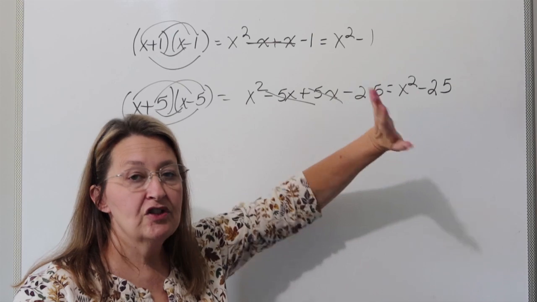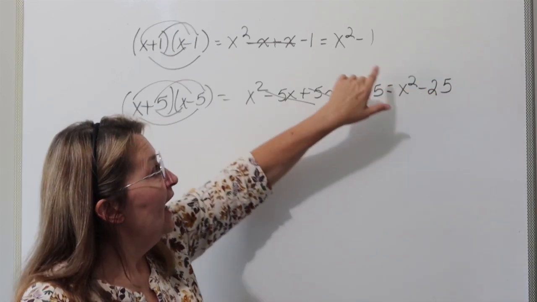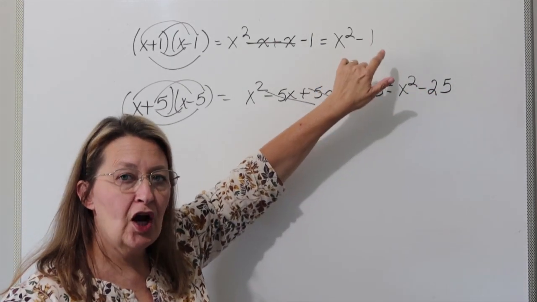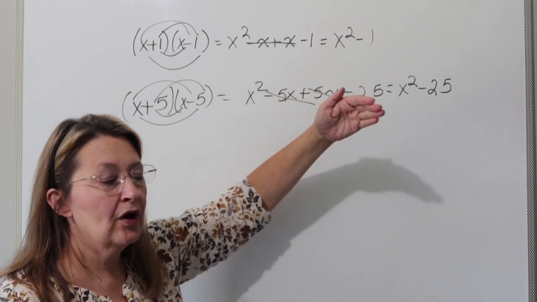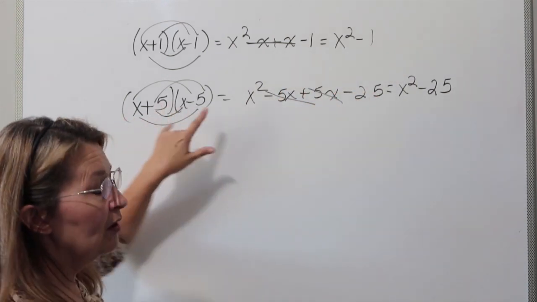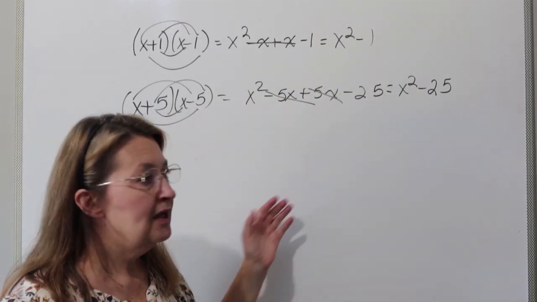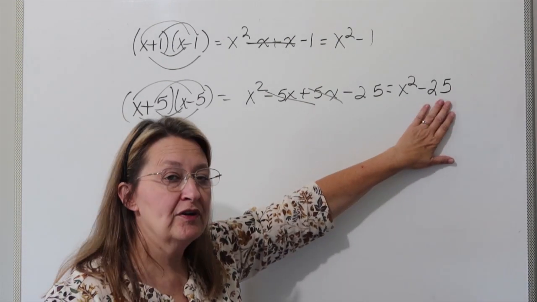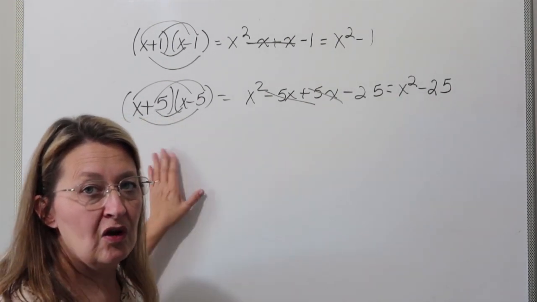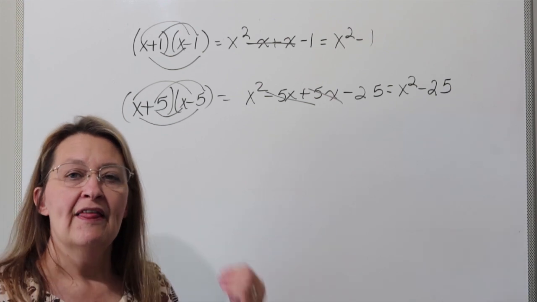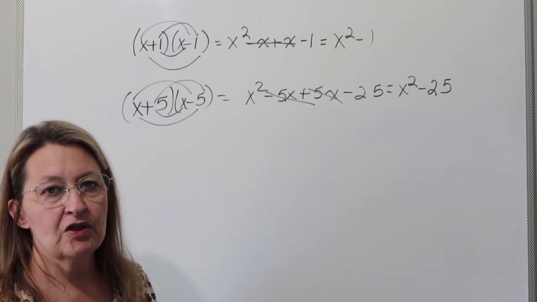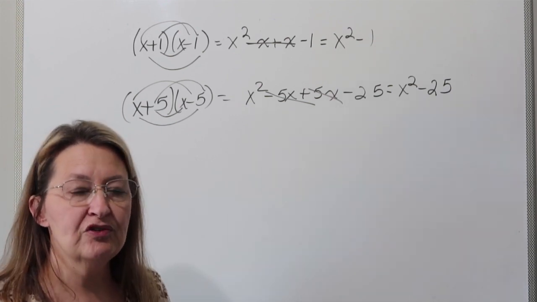They both only have 2 terms. And each term is the perfect square of the 2 numbers in my conjugates. This is a perfect square, this is a perfect square, and their square roots are the numbers in your conjugate. That is the difference of 2 squares formula. That's how it was derived.